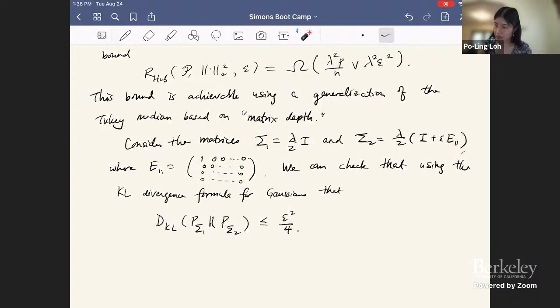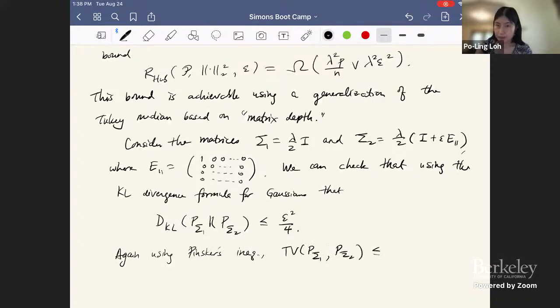So you can ignore the remaining p-1 coordinates and just look at the KL between the first two. But in any case, let's take this to be given. Then again, using Pinsker's inequality, which upper bounds the TV distance by the KL divergence, we have TV of P sigma 1, P sigma 2 is bounded by the square root of 1/2 times epsilon squared over 4, which is bounded by epsilon.